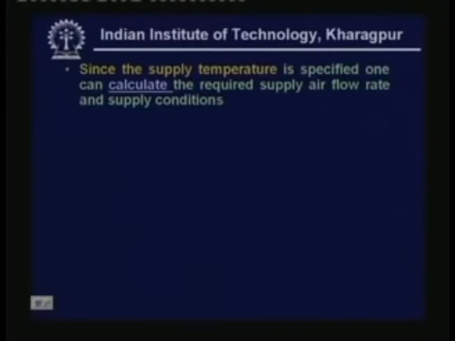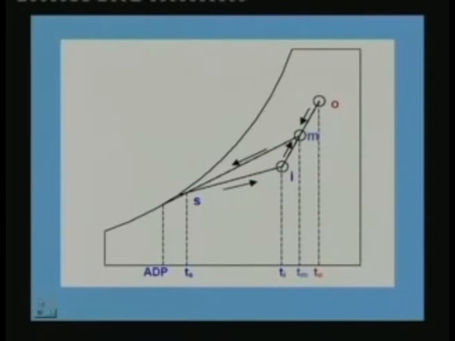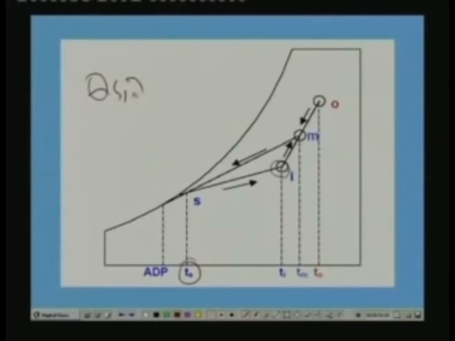So, since the supply temperature is specified, one can calculate the required supply air flow rate and supply conditions. What I am saying is, this temperature is known to us, and we also know the sensible load on the building. We have seen this equation before, this is equal to Ti minus Ts.